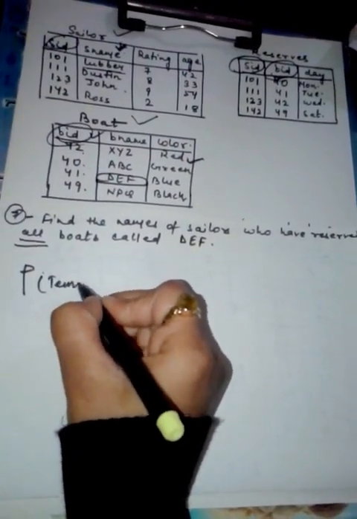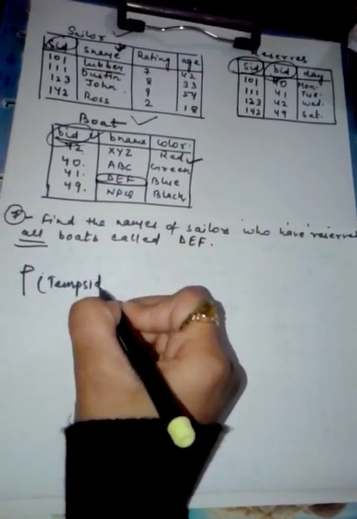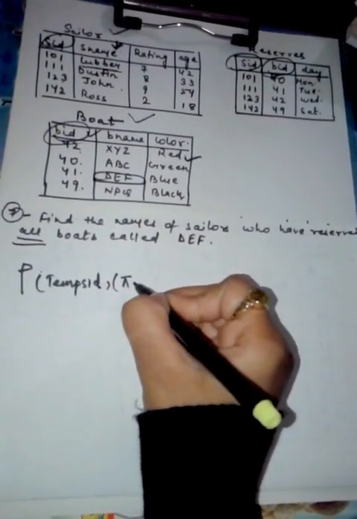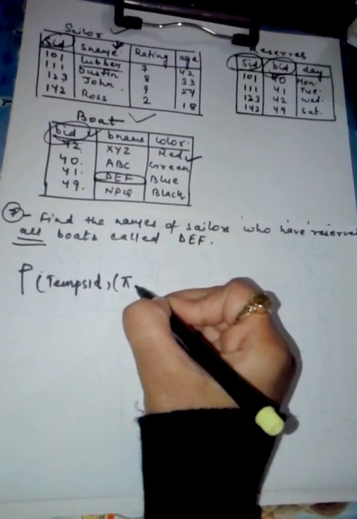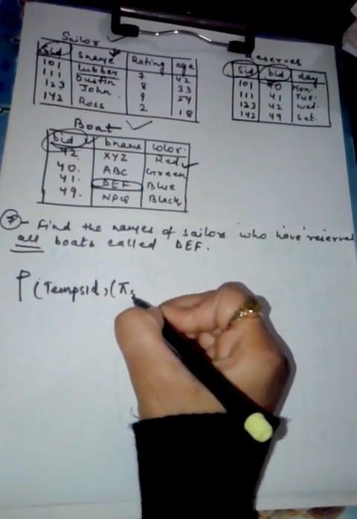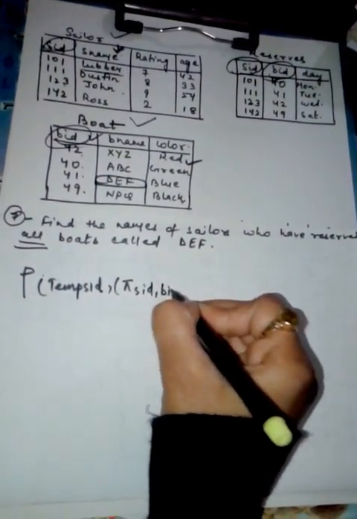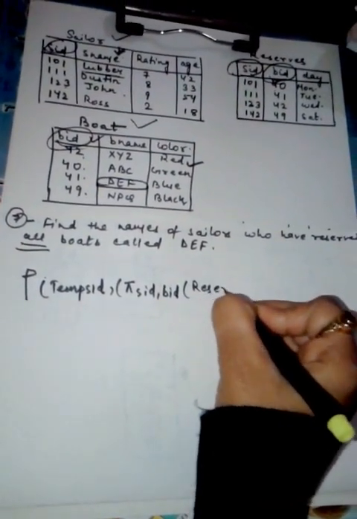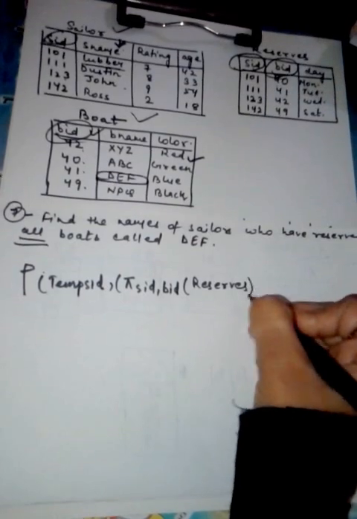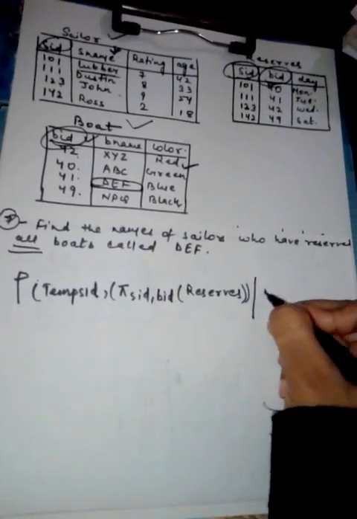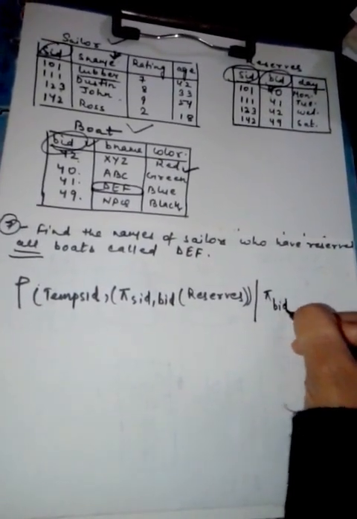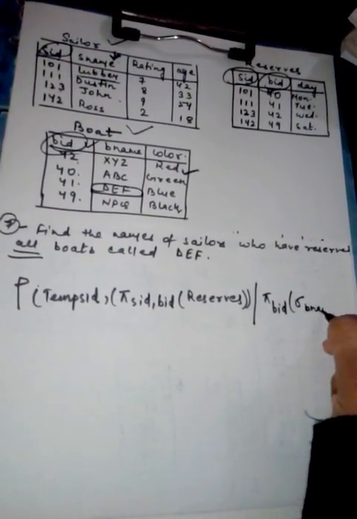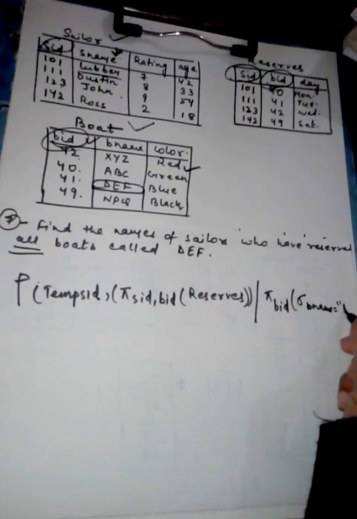What will we name it? Let's suppose temp seller ID, then project seller ID and boat ID from the reserve table. We use the division operation here, project boat ID and select boat name. And what is the name of the boat?